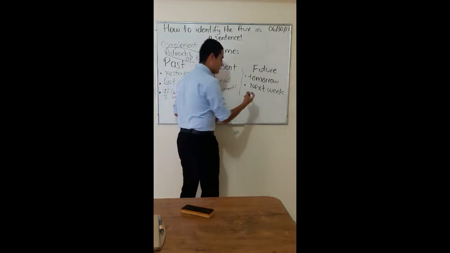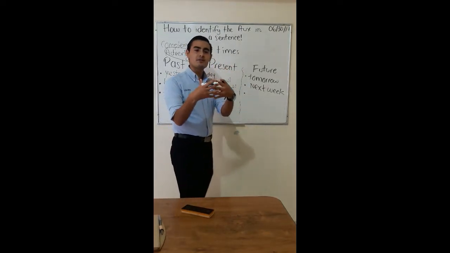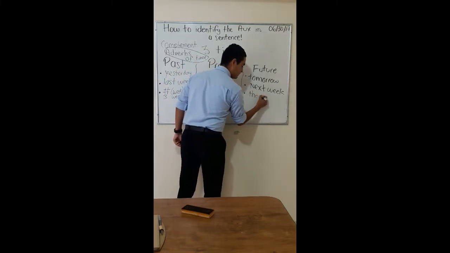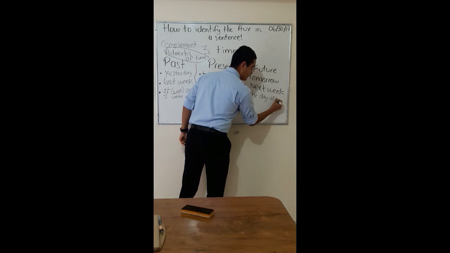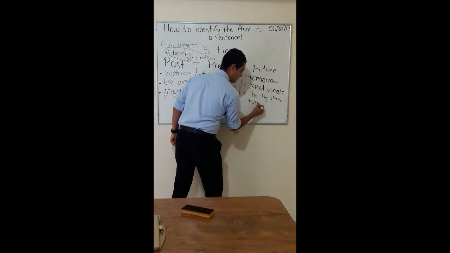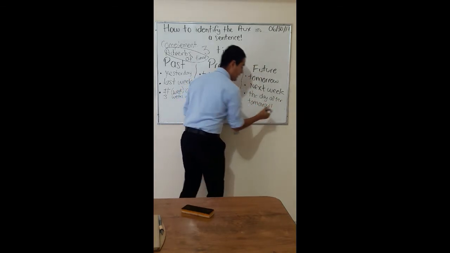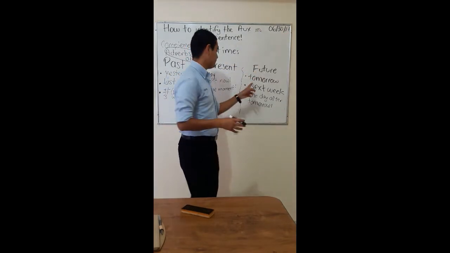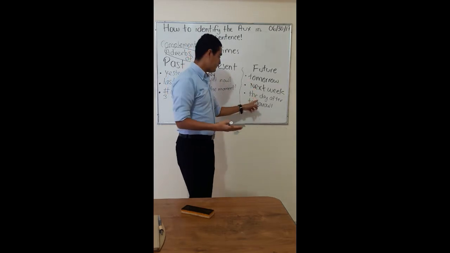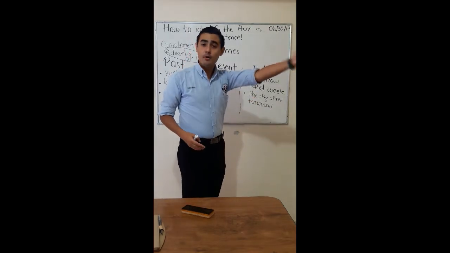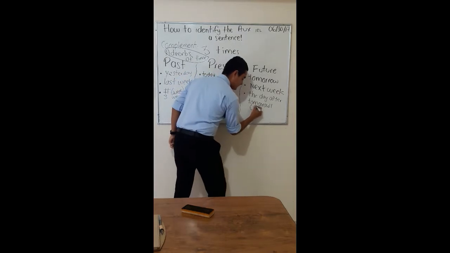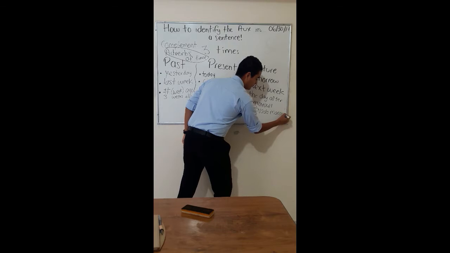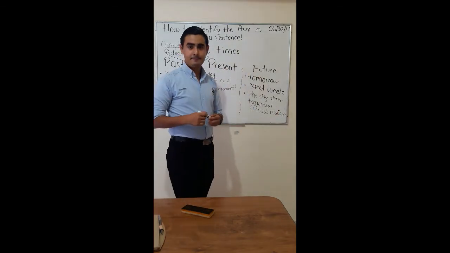And now, number 3, it's a special combination, okay? Number 3 is the day after tomorrow. Imagine, tomorrow, we know it is mañana. But the day after tomorrow is the idea pasado mañana.